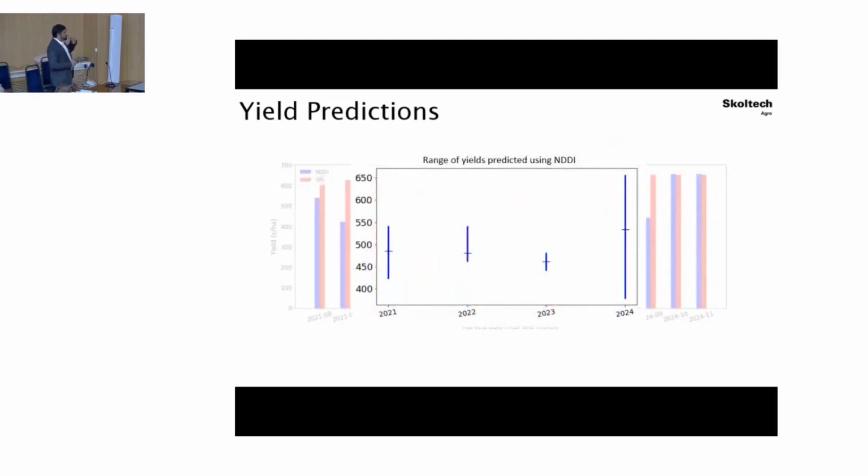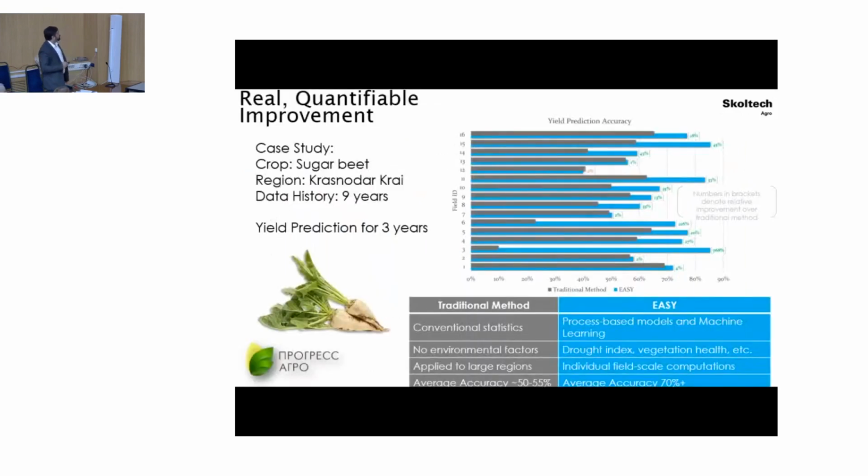Now, of course, we can then put that into a range, and we found that with just 9 years of data, we were able to make predictions for up to 3 years in advance. The dark lines here are the traditional methods that are currently in use, which have an accuracy of about 50% in terms of yield prediction.